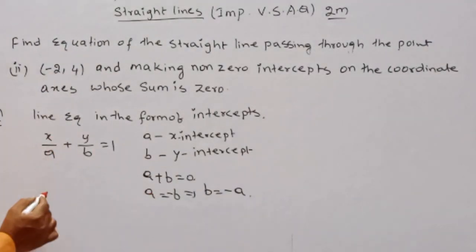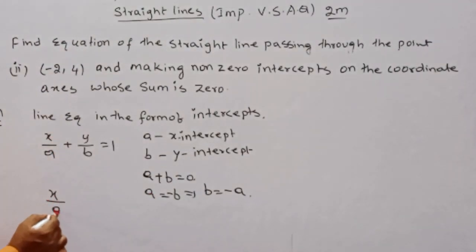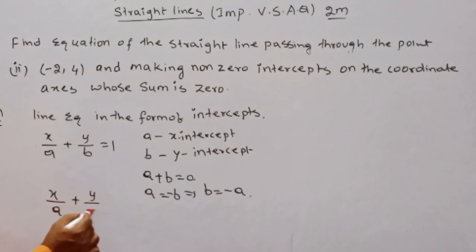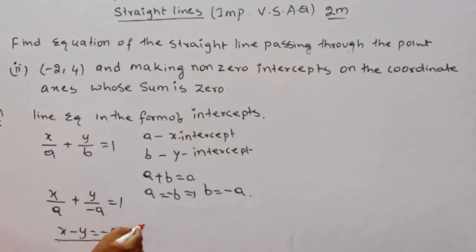a is equal to minus b implies b is equal to minus a. Then you have to substitute here x by a plus y by minus a is equal to 1. This is x minus y is equal to a. This is the line equation 1.